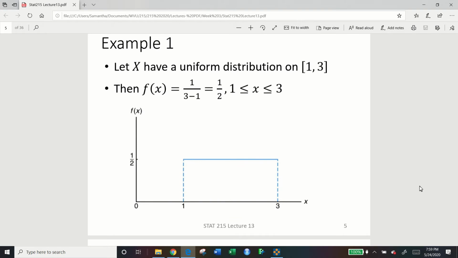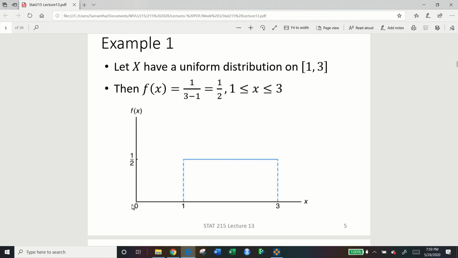So let's take a look at an example. Let x have a uniform distribution on the interval from 1 to 3. Then f of x would equal 1 over 3 minus 1, which simplifies to 1/2, on the bounds of 1 less than or equal to x less than or equal to 3. Visually, we have our x-axis with our bounds from 1 to 3.